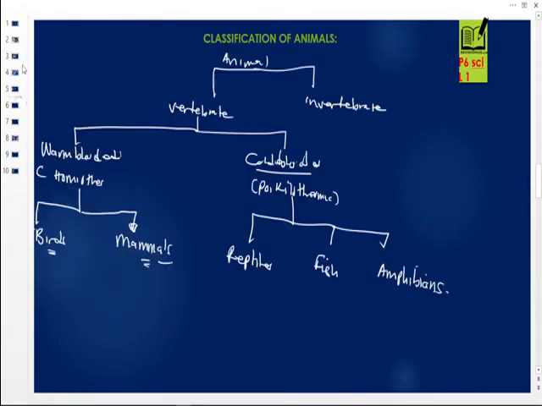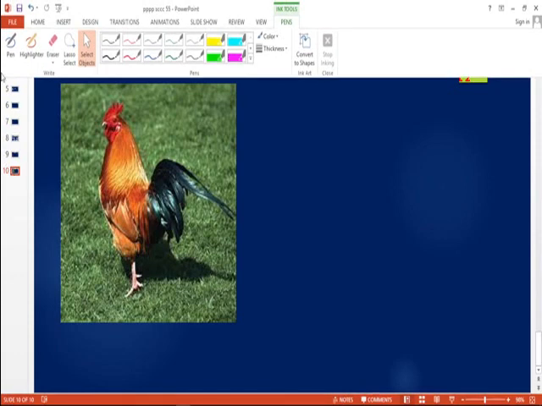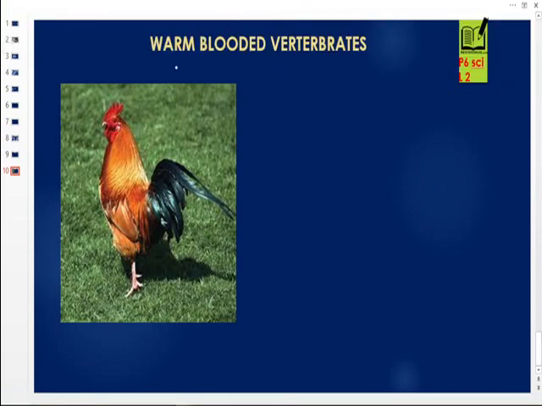parts of birds here. So let us look at parts of a bird. Here we have a rooster, a cock. When you look at this one, it has the comb, and again it has these ones down, which are called the wattles.